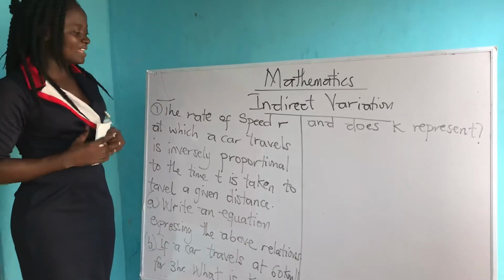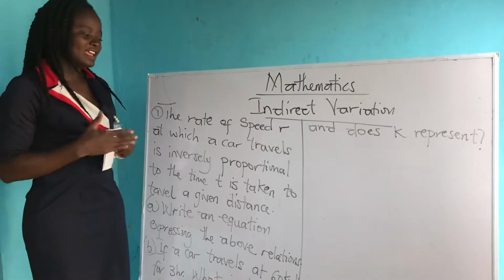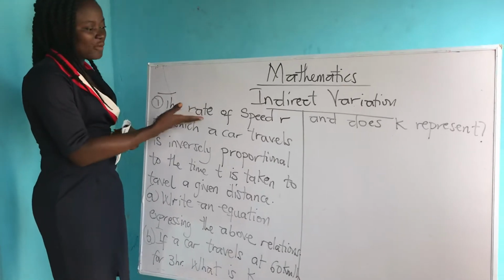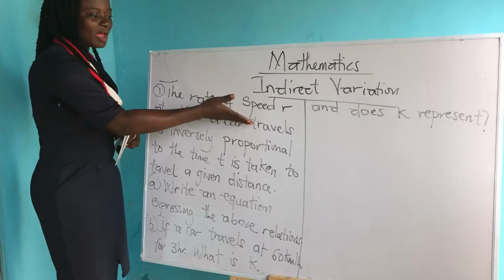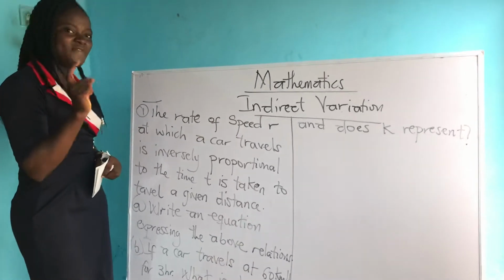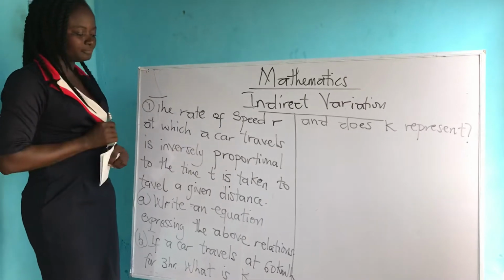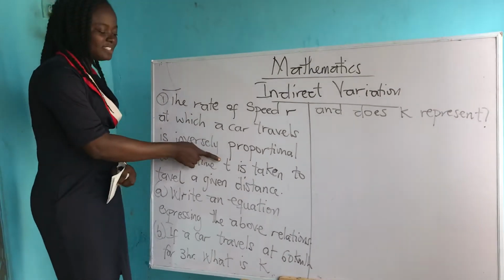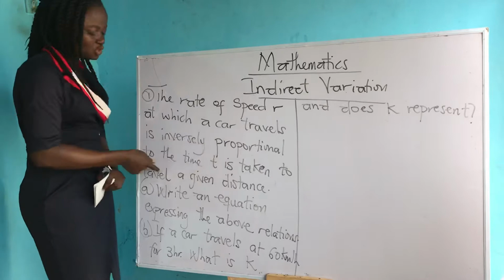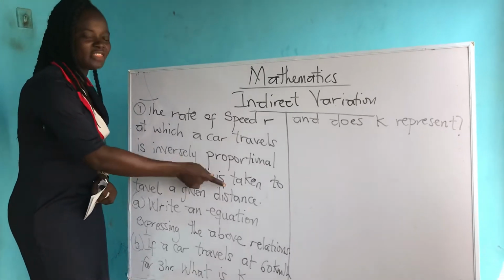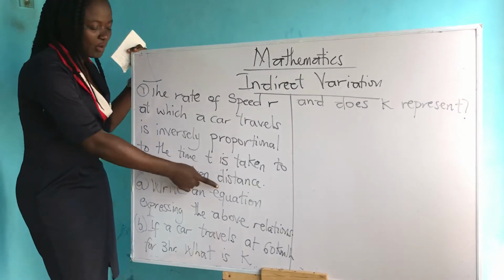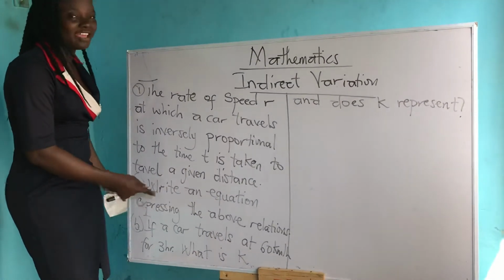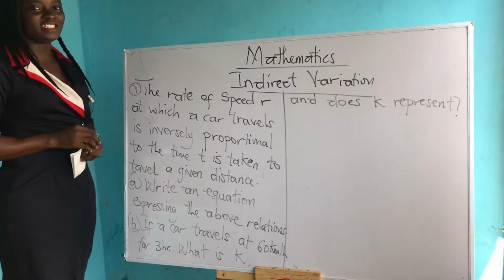The first example I have here is: the rate of speed r at which a car travels is inversely proportional to the time t taken to travel a given distance. A. Write an equation expressing the above relation.